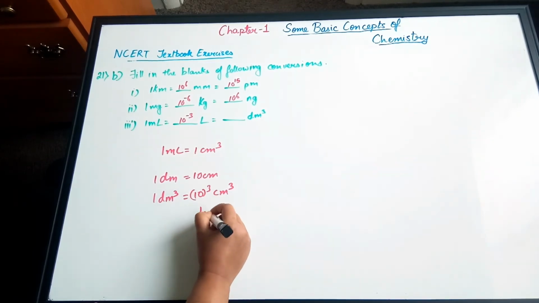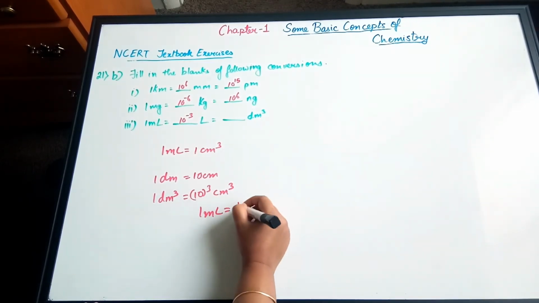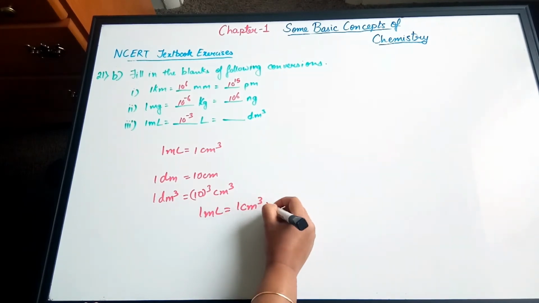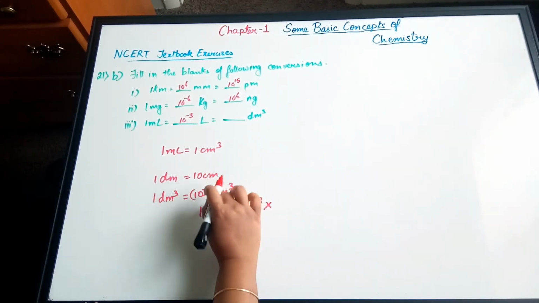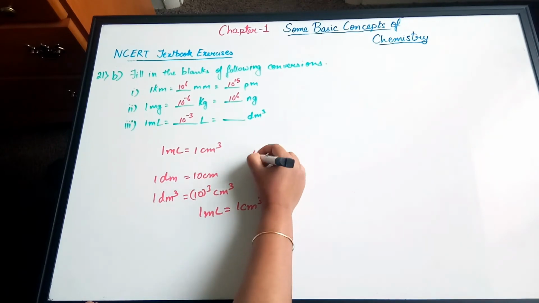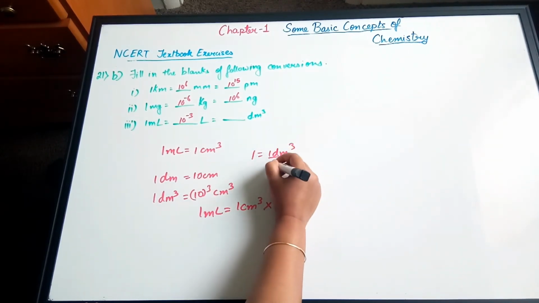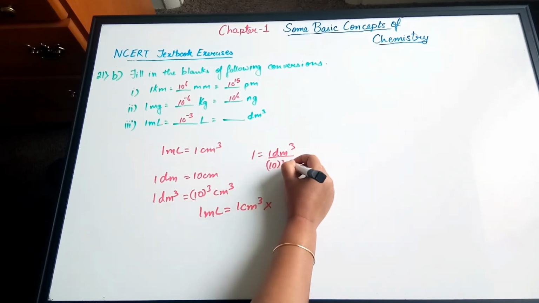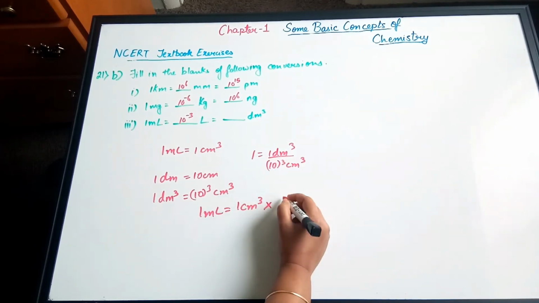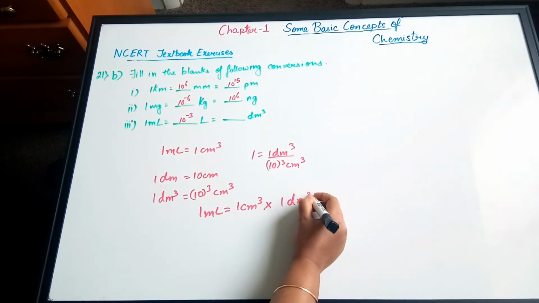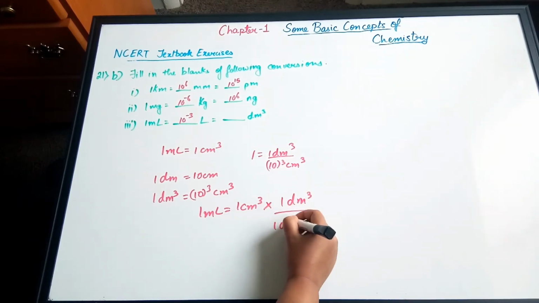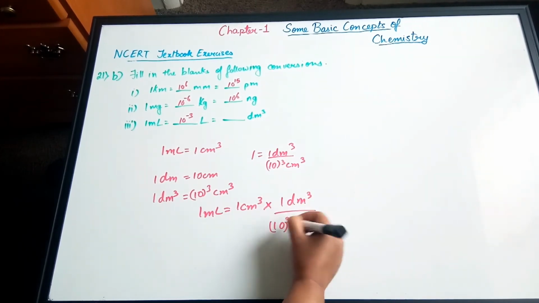So 1 ml will be equal to 1 centimeter cube into, the unit conversion factor over here would be 1 equal to 1 decimeter cube divided by 10 to the power 3 centimeter cube.